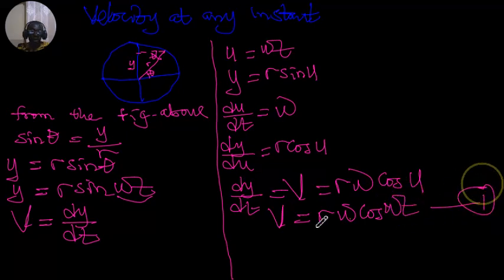Call this equation 1. So similarly, from the sketch we have it that sine theta is y over r. If you recall from trigonometric identity, sine square theta plus cos square theta is equal to one, right?